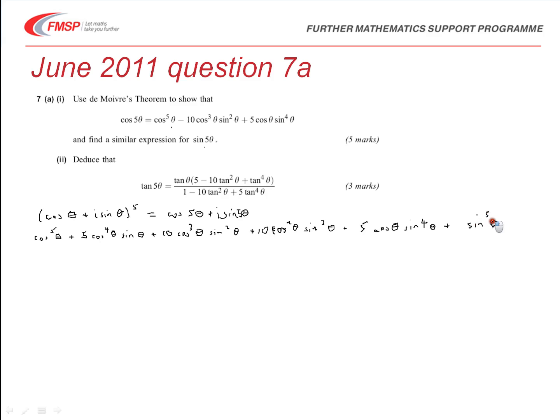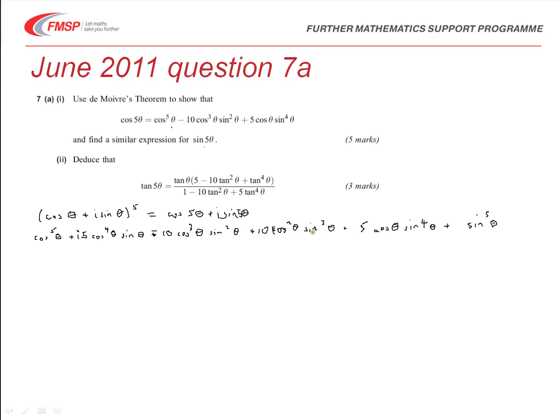Now the only thing we've got to worry about now are the i's, because on the sine we've got an i. So in this one, we're going to get an i in here. The next one was an i squared when we squared it for the i sine theta, so this will then become a negative sign because it becomes minus 1.